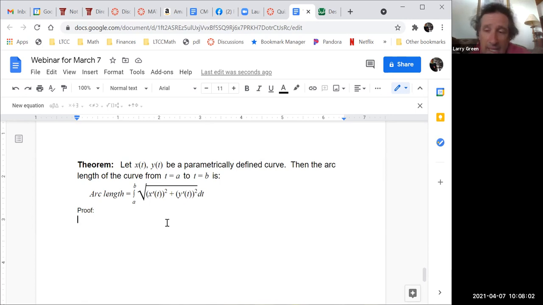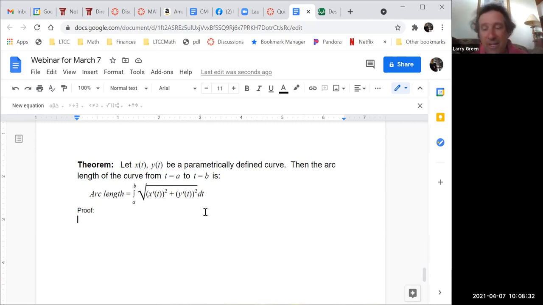Do you think this is going to be easy or hard to integrate for most examples? On the miserable side. Yes, I would say steeply on the miserable side. So often I'll say, set it up, and that's enough, because most of the time you won't be able to integrate this. Most things are impossible.